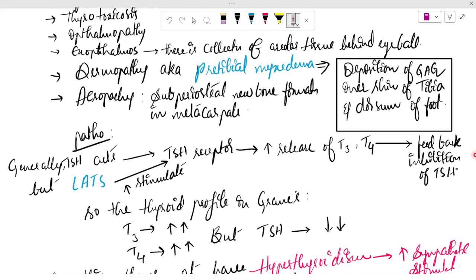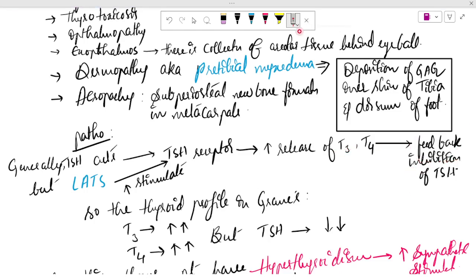What is normal physiology in the thyroid? TSH acts on the TSH receptor. This leads to increased release of T3, T4. This increased release of T3, T4 finally inhibits the TSH. That is called feedback inhibition.